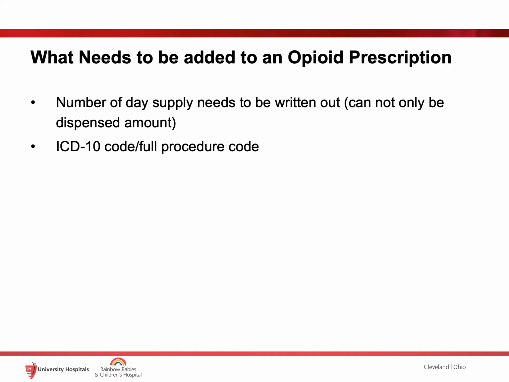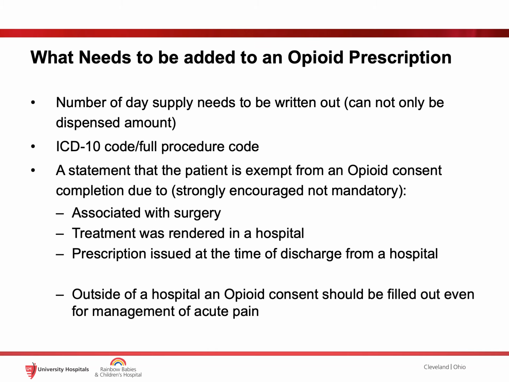For me, it's typically post-surgical patients, so status post a posterior spinal fusion, just so that I have both of those there. It's highly encouraged, if they are exempt from the opioid consent form, that you write that, or that you have the consent, so either one of those.